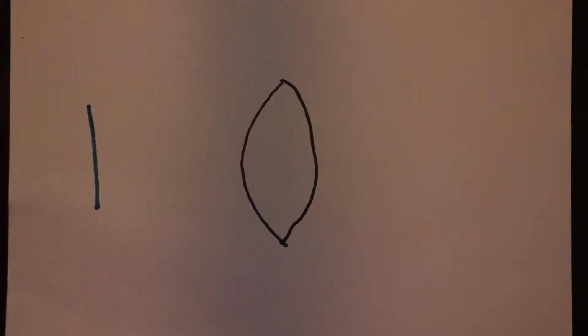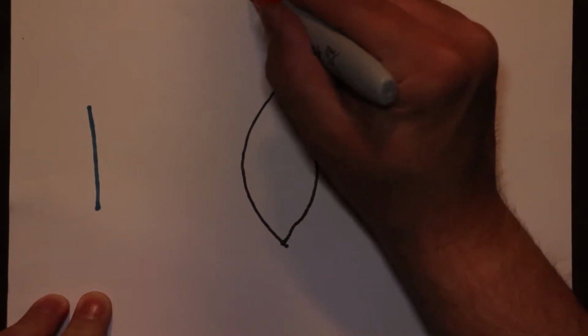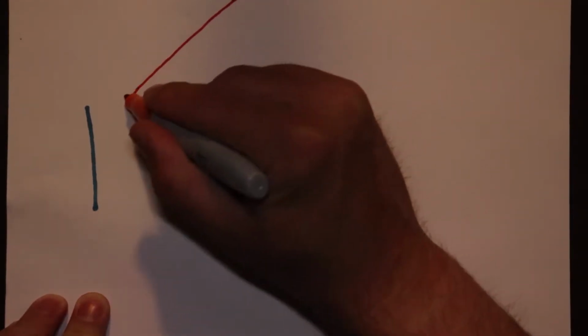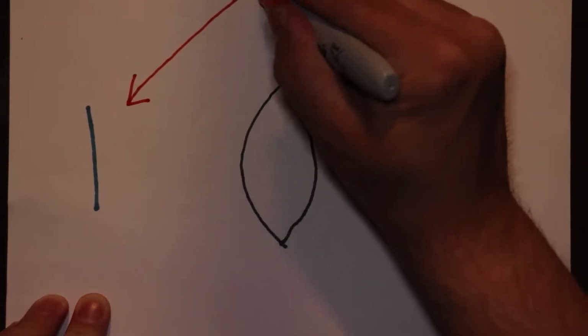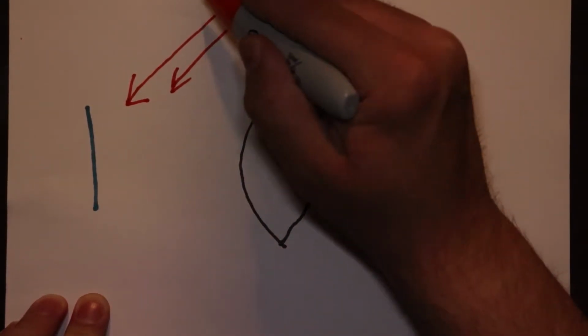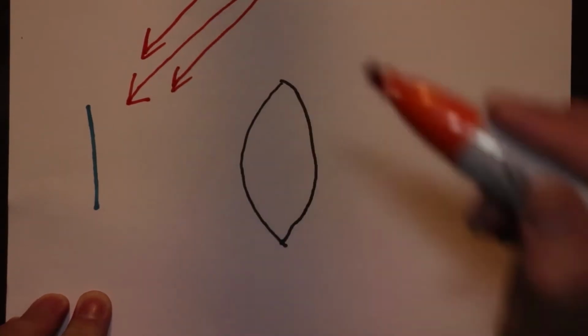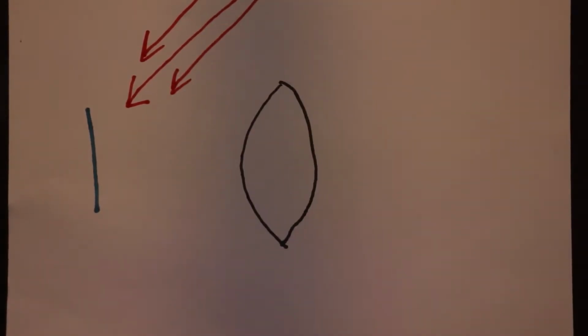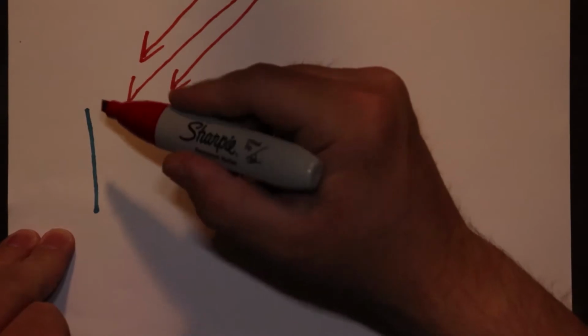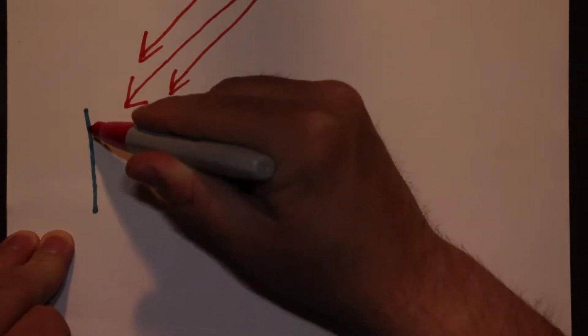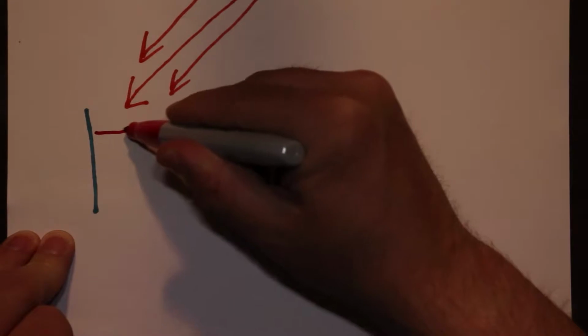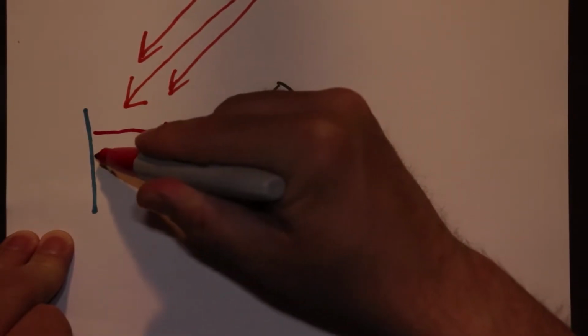Light, either from the light bulbs in the room or the sun, comes in and bounces off of the object that we're viewing. That light hits the object and is redirected to our eyes.